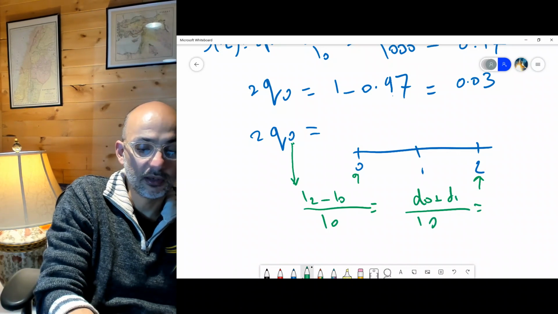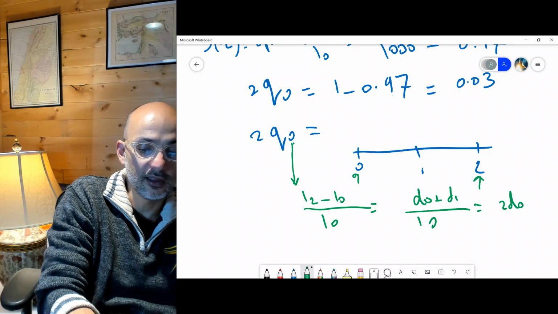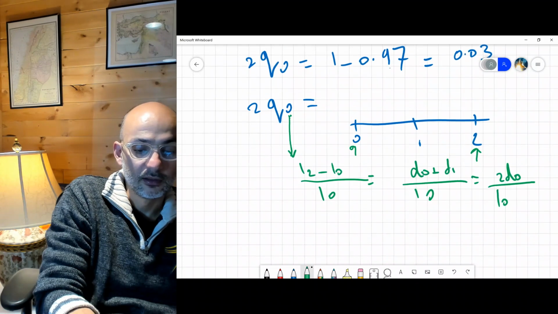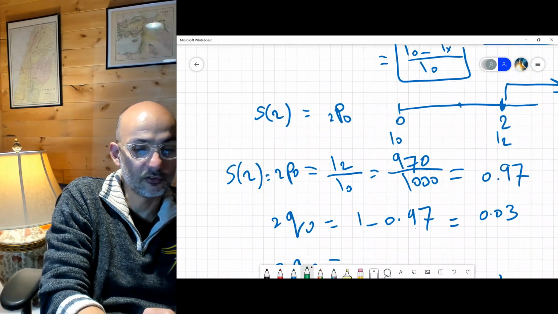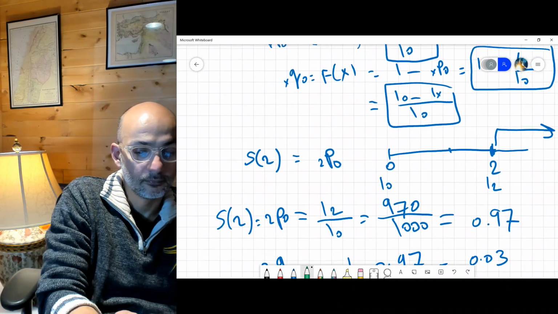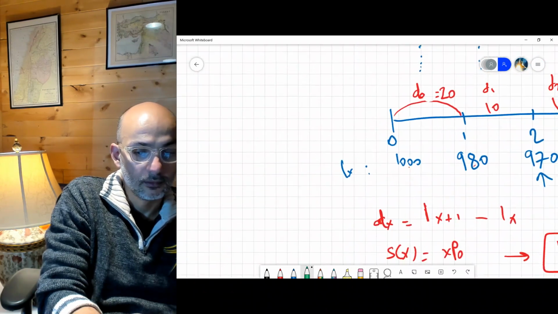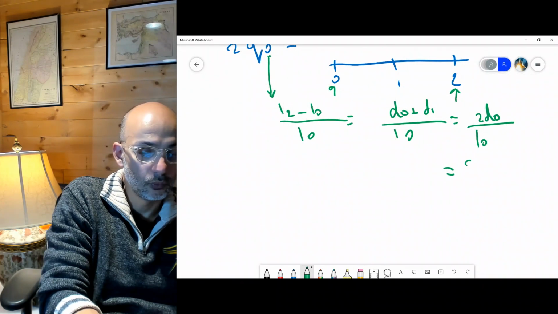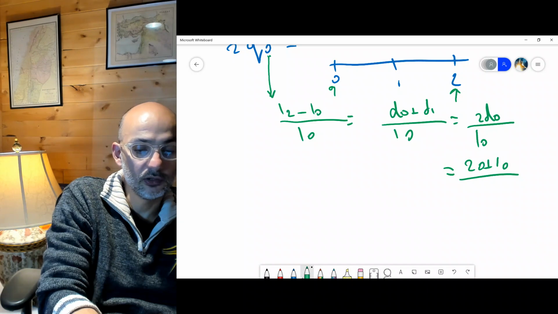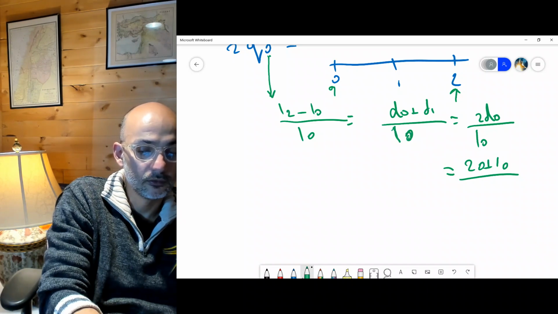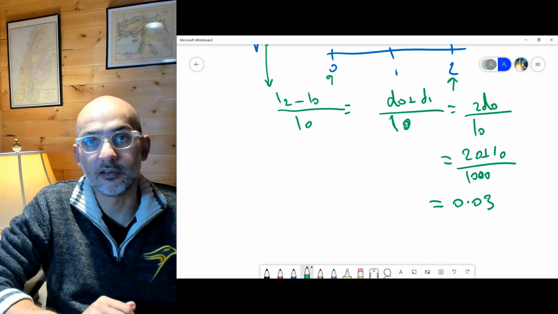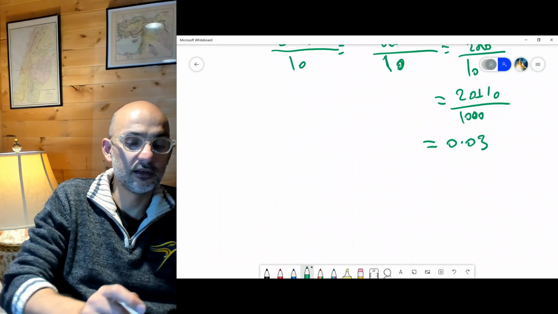That is 2d0 over L0, where you add the deaths for the first two periods, which is 20 plus 10, which is 30, over L0, which is 1000. All of them should give you the very same answer, correct? So it's nothing really difficult here.